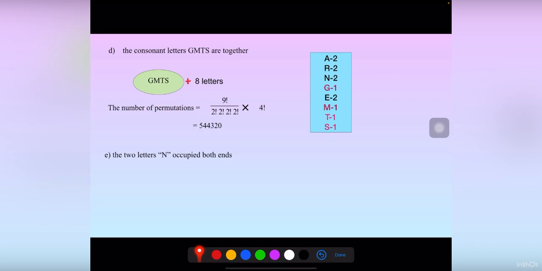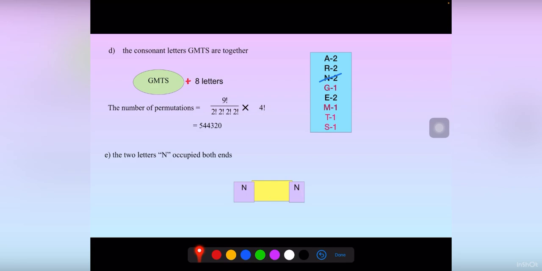And E, the two letters N occupy both ends. If you try to picture this out, both ends are occupied by N. What are those letters that still have to be arranged? That is in the middle, between the N's.